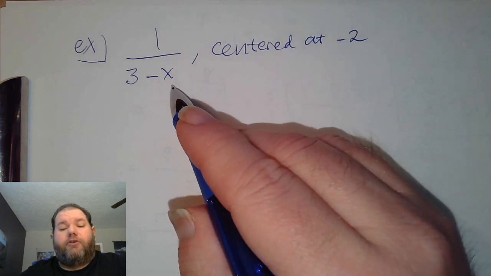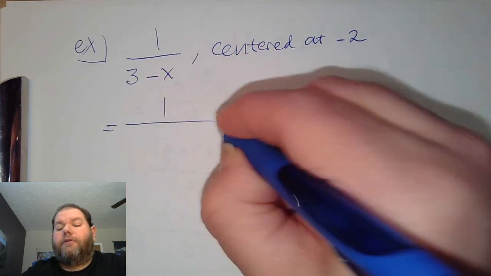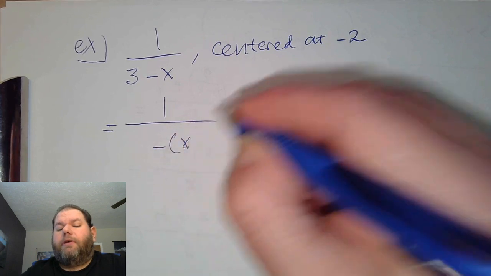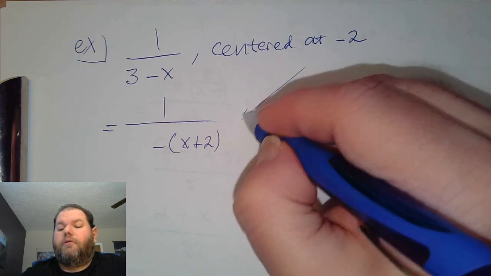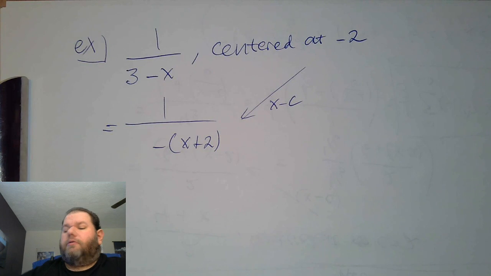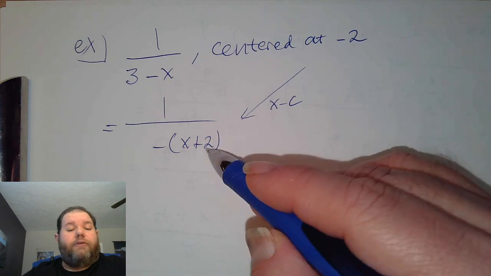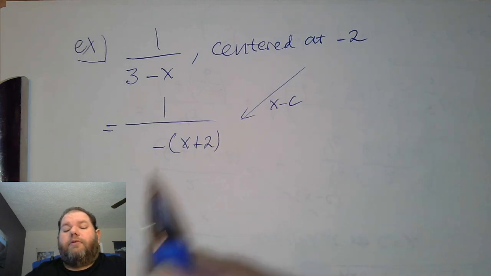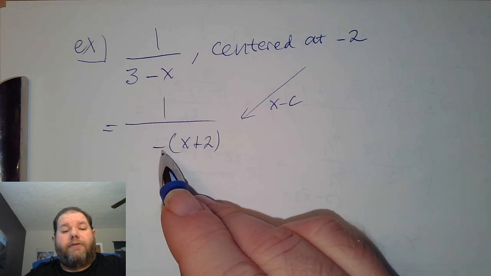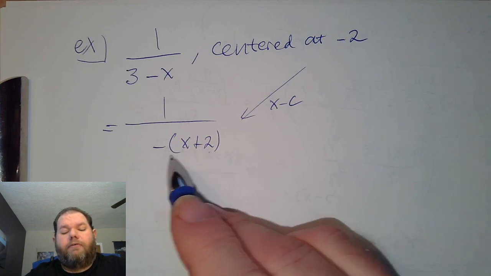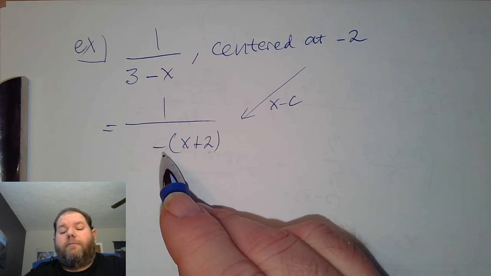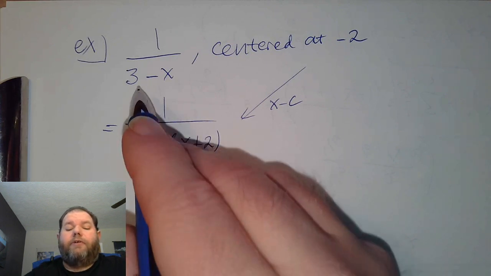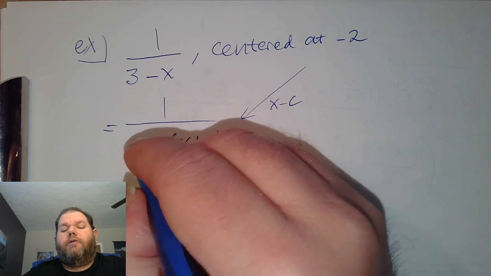First thing we do is we want to make sure we account for the center in the way that this is written. So x minus the center will be x plus 2. So x minus the -2 changes to a positive. Okay. Now, we say x plus 2, but really there's a negative on the outside of that, so technically this is a -2 that we've just introduced into our denominator. So by introducing a -2, we also have to introduce a +2, so we'll make that a 5.